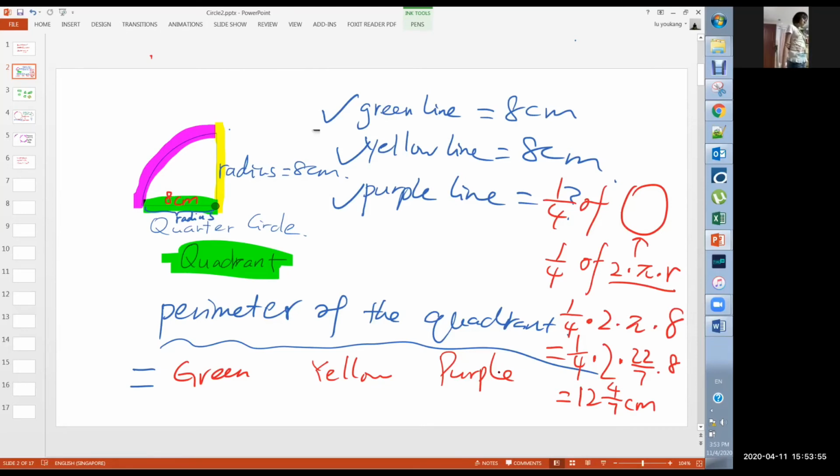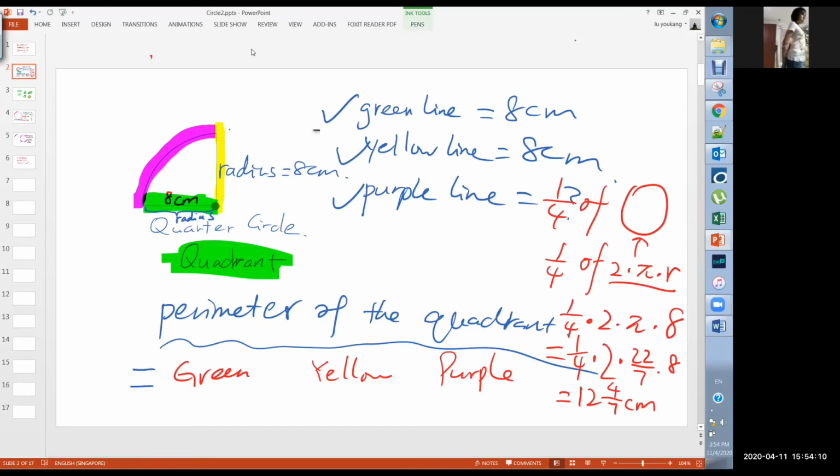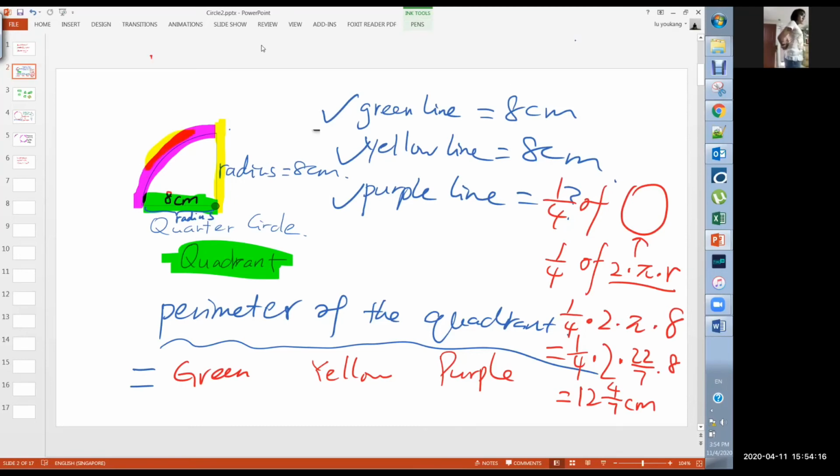So which operation do you need to use to find the perimeter? Just now you said the perimeter is what? You highlighted, right? The perimeter is the green one, and the yellow one, and the purple one, right?